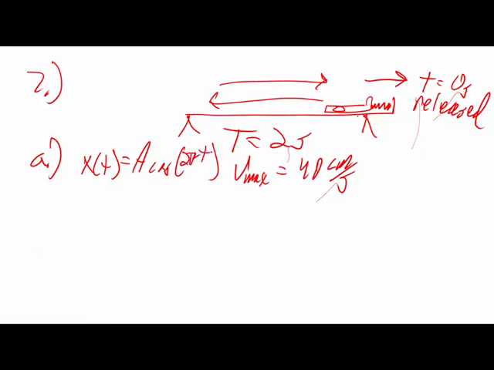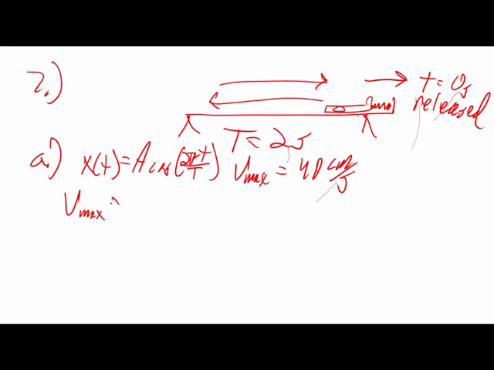When you take the derivative of cosine, you get sine. That becomes this equation right here.